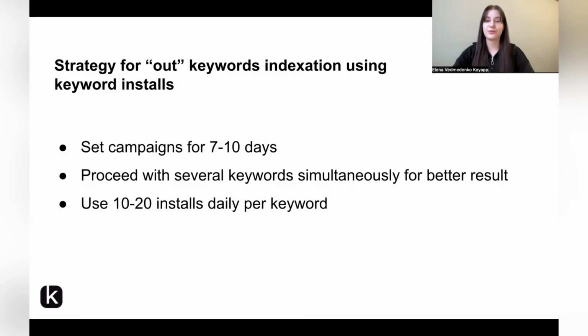Also, it is better to proceed with several keywords simultaneously, especially if these keywords are connected and have a common core element like loan, loan app, loan for free, loan online, and so on. And about the volumes, it is not needed to use hundreds of downloads. It is enough to work with 5, 10, 15, 20 installs daily just to show Google that the application should be indexed. Actually, the same as when you work with low positions, you do not add huge volumes of installs, so as to show Google that the promotion is natural.